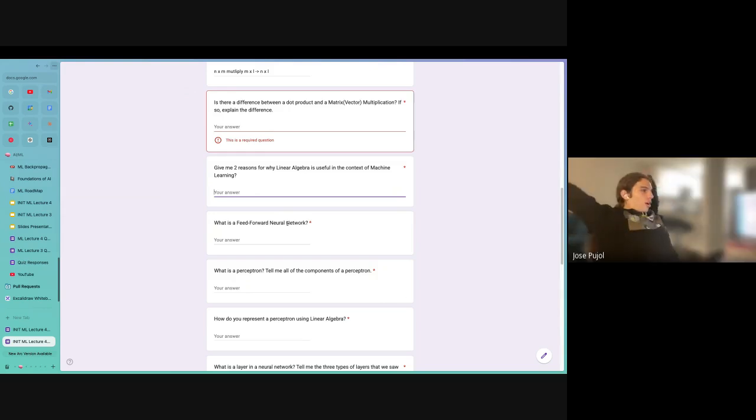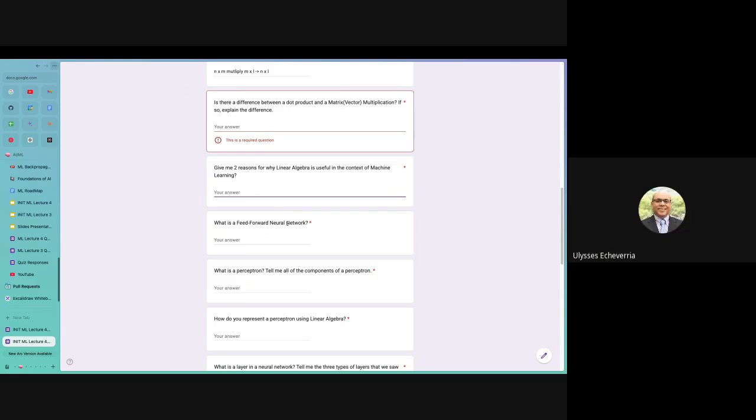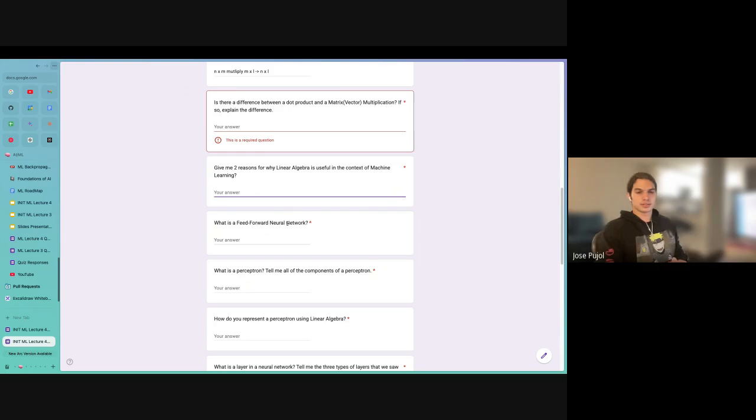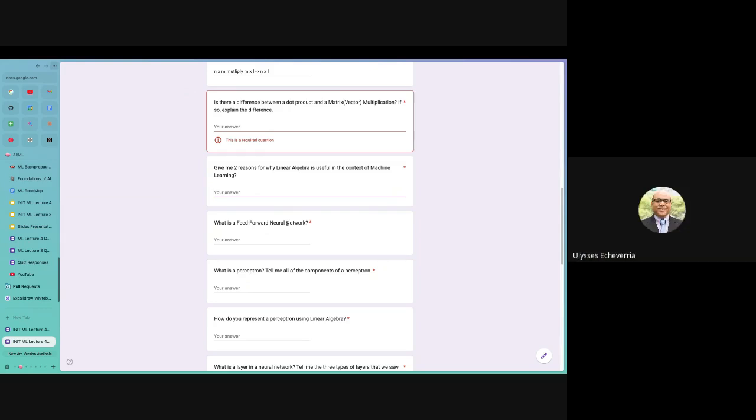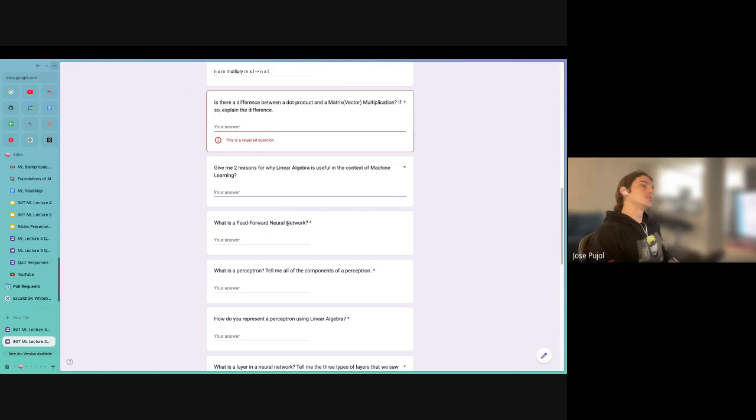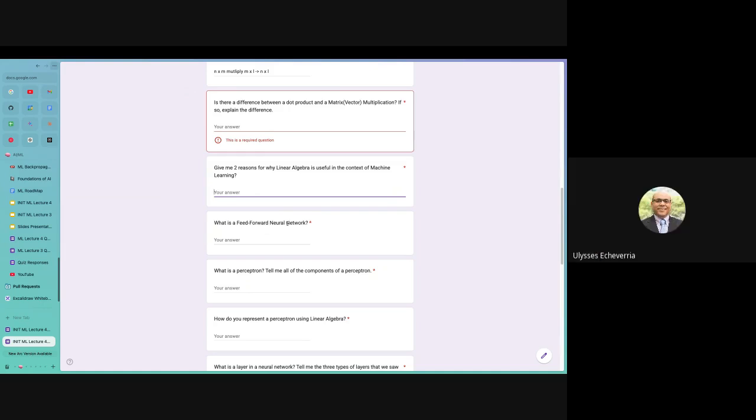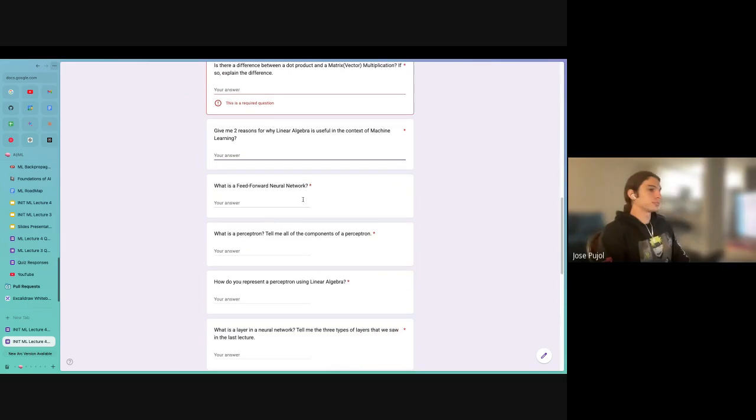What about some other things? I would also say that it allows us to represent the data in a mathematical form. Yes, perfect.